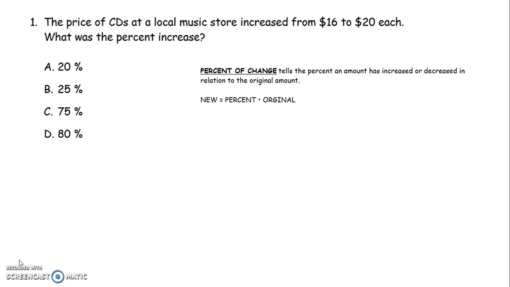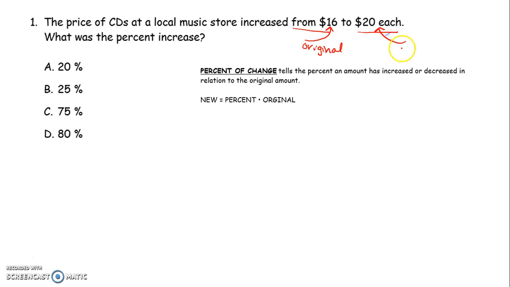I think that'll help. It says the price of CDs at a local music store increased from $16 to $20. What was the percent increase? Okay, so if we take a look at this, your new price will be some sort of a percentage times your original. So it increased from 16 to 20. So if it started at $16, that was your original.